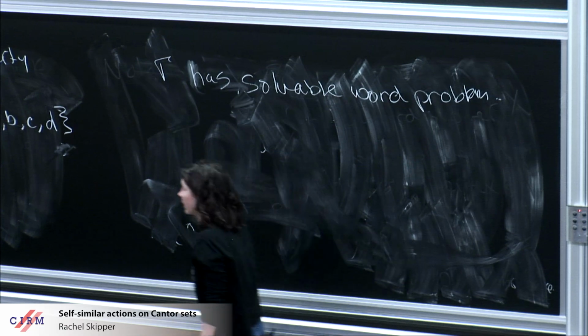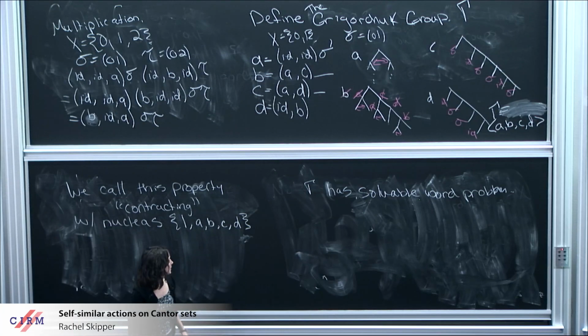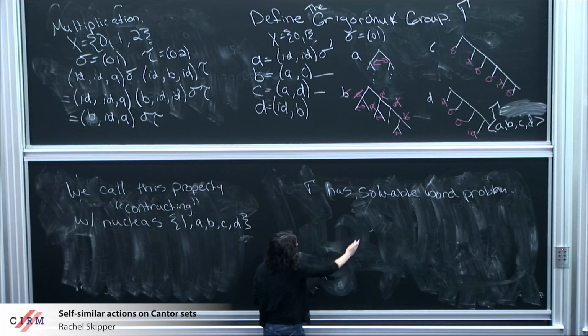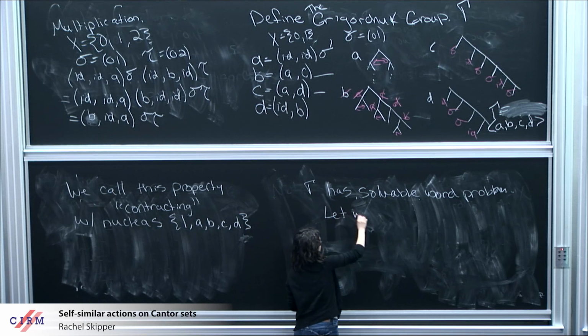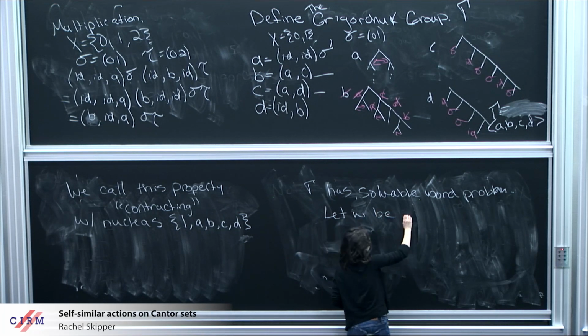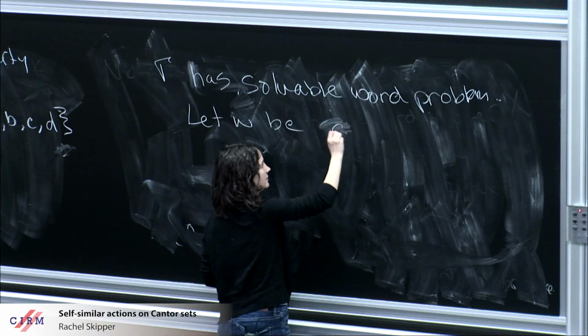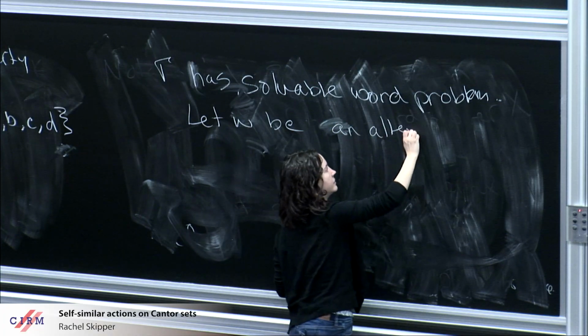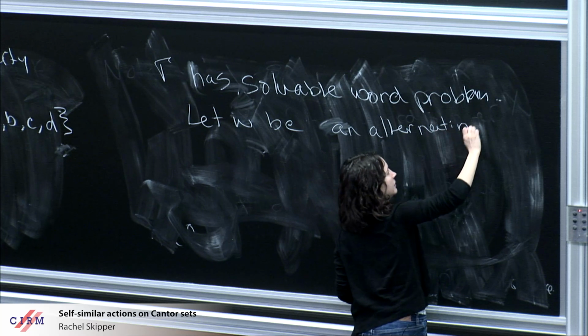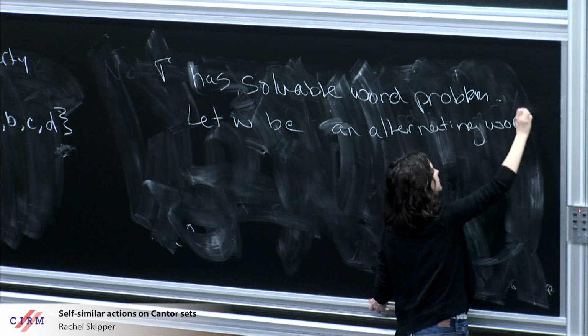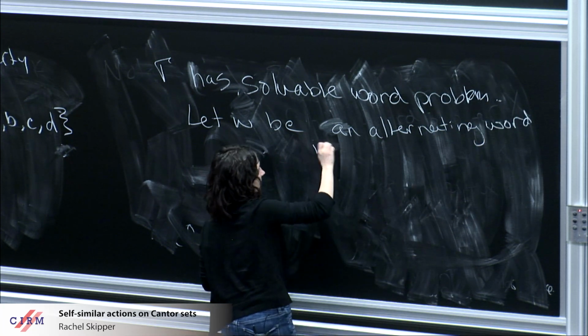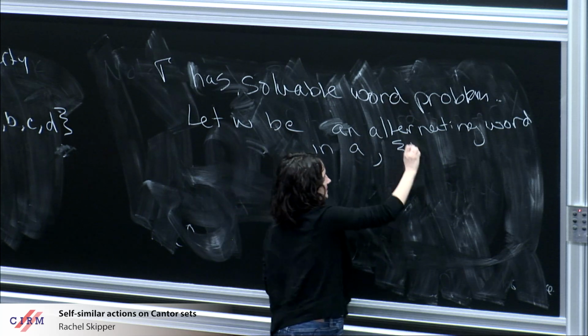And in fact, a quite quick solvable word problem. All right, so the word problem goes as follows. So let W be one of these alternating words in A and B, C, D.